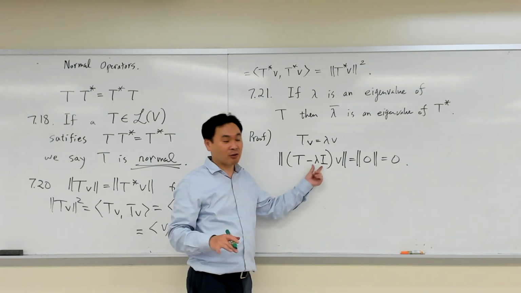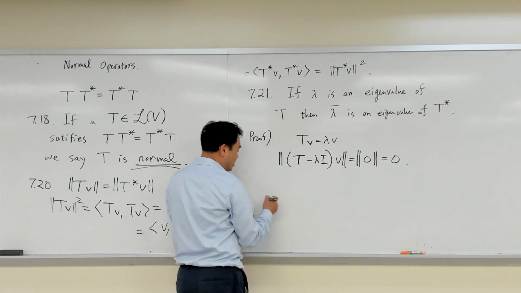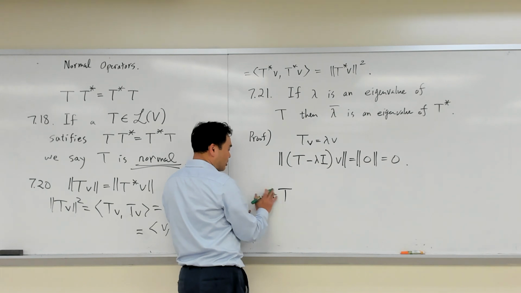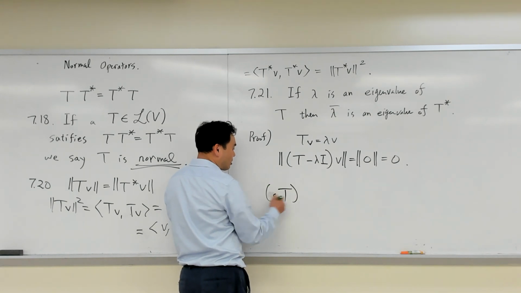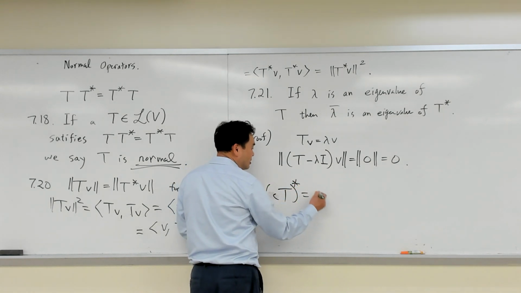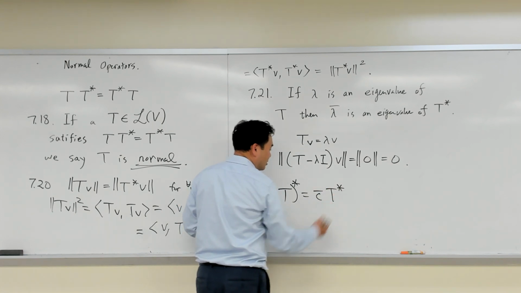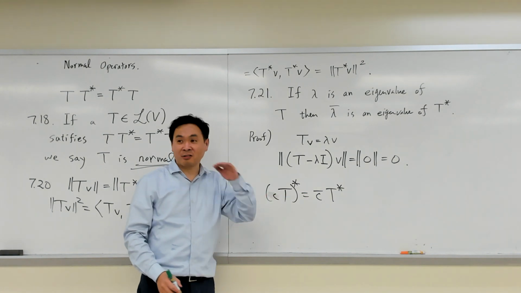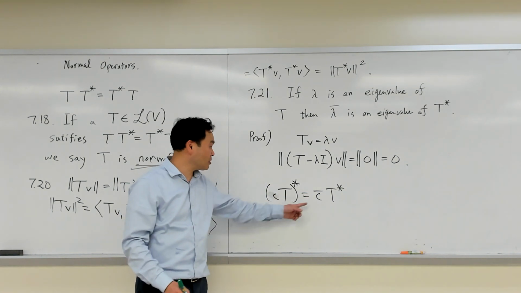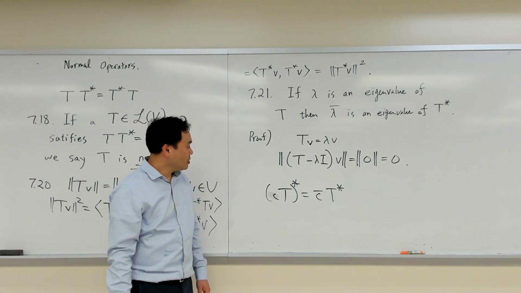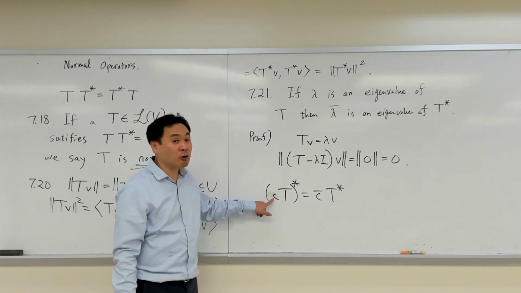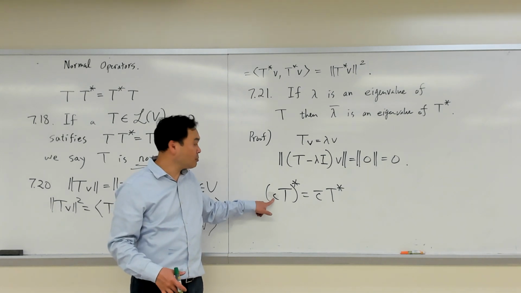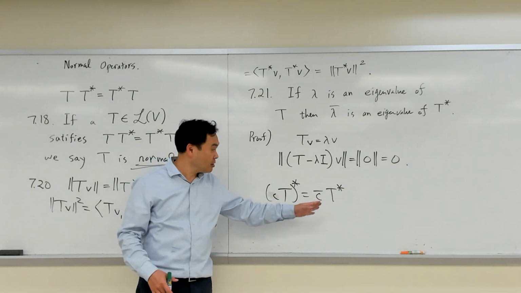See, the problem is, if you have a self-adjoint operator T and you take some constant c times it and then take the star, this becomes c bar T star because of the way it's a complex conjugate and transpose. So if you multiply a real number to a self-adjoint operator, then it's still self-adjoint, but if you multiply a complex number, it's no longer self-adjoint.